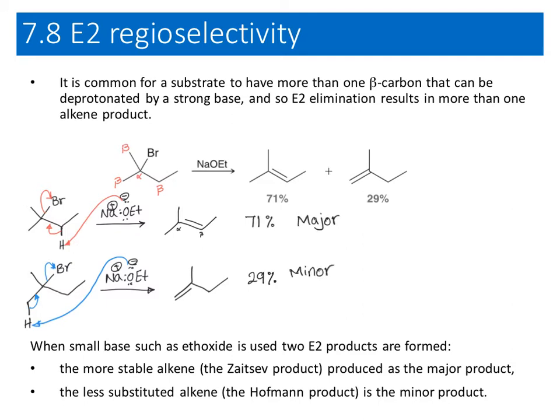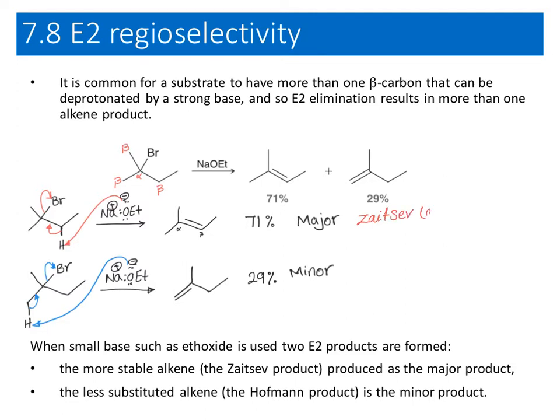And the reason for that is because this alkene is more substituted compared to this one, therefore it is more stable. So E2 mechanism with a small base such as sodium ethoxide or sodium methoxide prefers formation of the more substituted alkene, and we call that product a Zaitsev product.